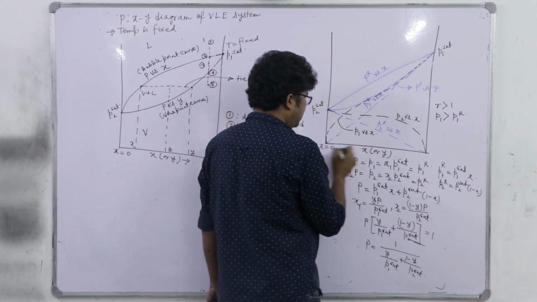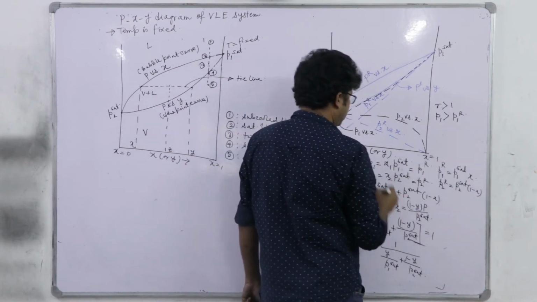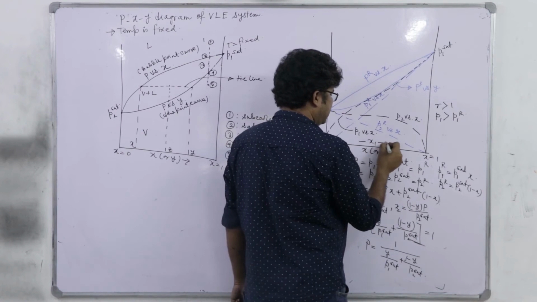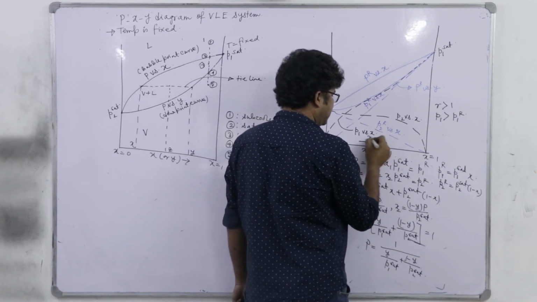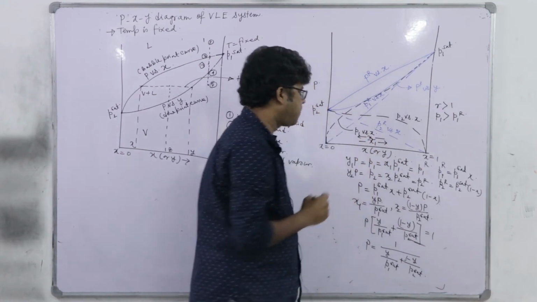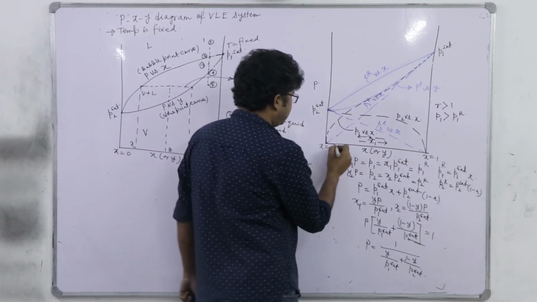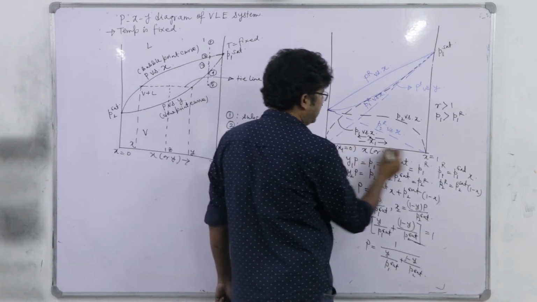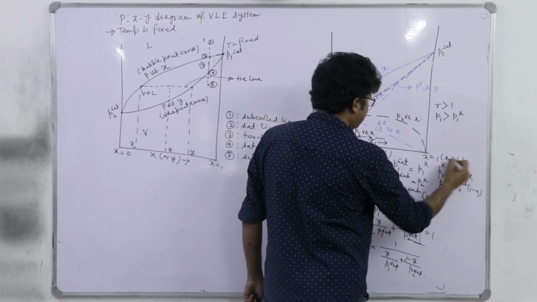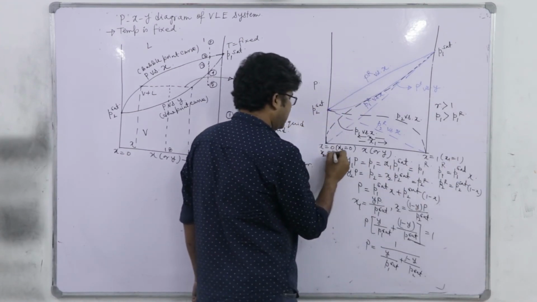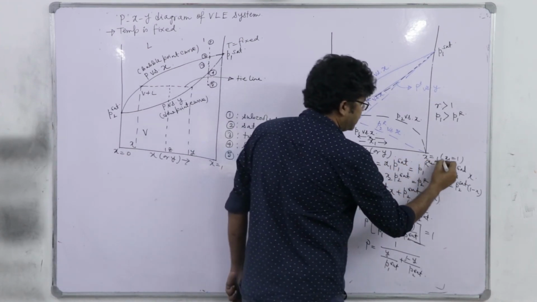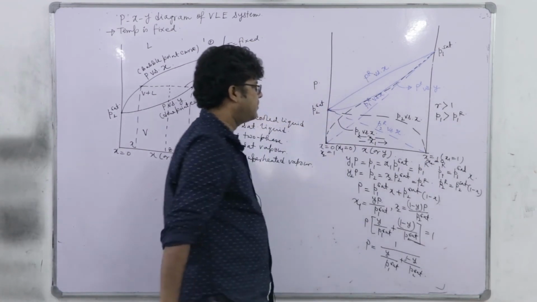So, this is x equal to 0, this is x equal to 1. You can alternatively write this the direction of x1 and this will be the direction of x2, because this x equal to 0 means x1 equal to 0, here x1 equal to 1, and this is x2 equal to 1 and this is x2 equal to 0. So, it is the reverse direction.